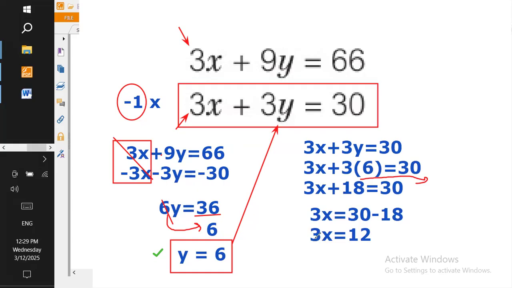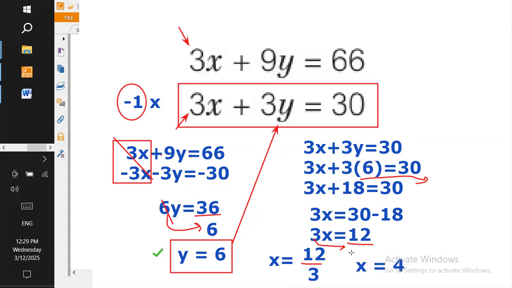So the 3 is multiplied. I'm going to take it by dividing over here. So the x will equal 12 divided by 3, and 12 divided by 3 will equal 4. So the value of x is 4. And this is how you answer a question like this.